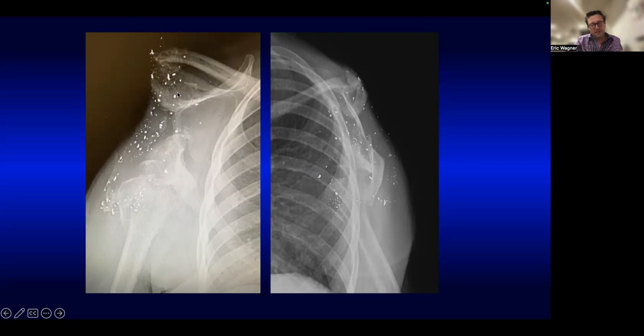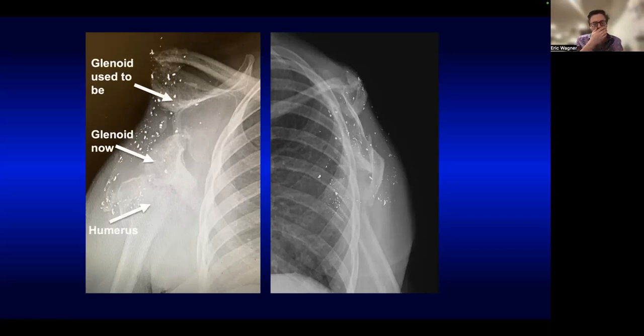This glenoid you can see is no longer in this area. You can see now it's sitting down here. And the humerus, usually sitting right across from the glenoid, is now sitting all the way down here. So once again, scapula, glenoid, humerus. So pretty bad problem. You don't see this too often, fortunately.